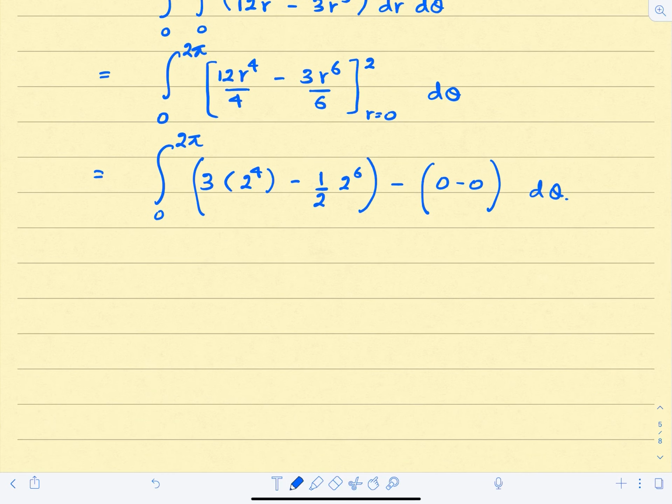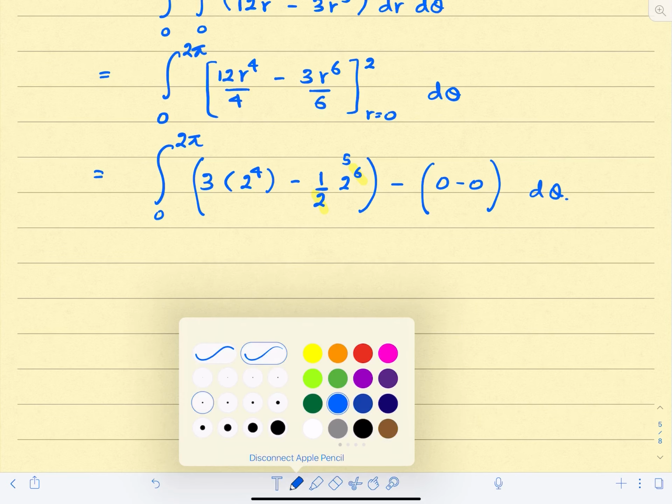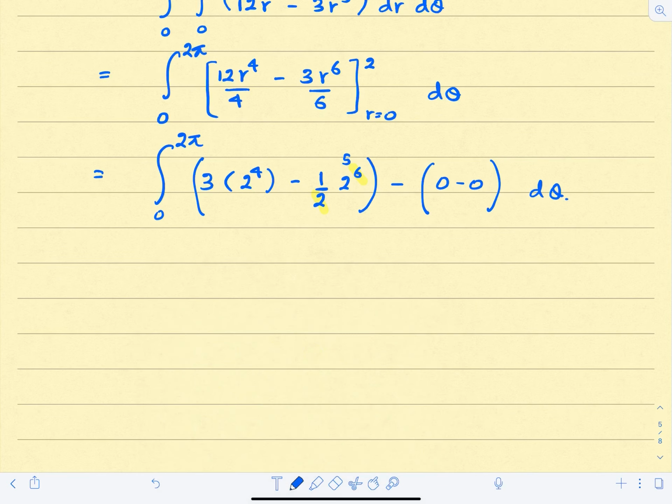And so this is 2 to the power 5. And 2 to the power 4 is 16. 16 times 3 is 48. So basically your integrand is 48 minus 2 to the power 5, which is 32, d theta.